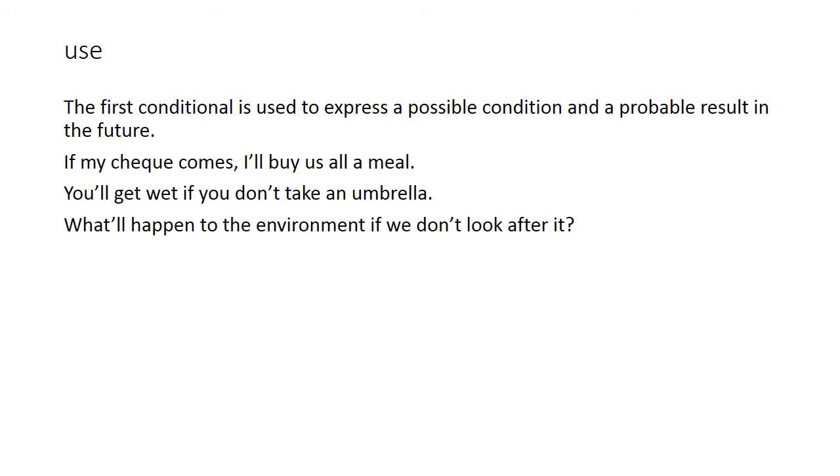And we can find from these sentences that the conditional clause with if can come at the beginning of the sentence or at the end. If it comes at the beginning, we put a comma at the end of the clause. If it comes at the end, we don't use a comma.